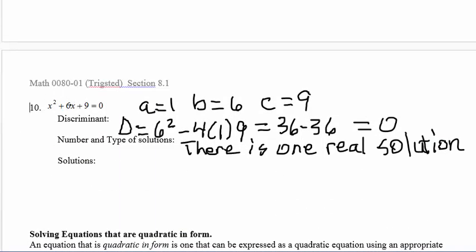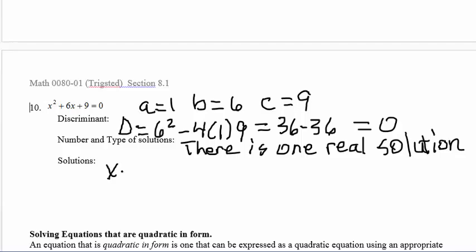If you were to factor x squared plus 6x plus 9, you would get x plus 3 times x plus 3. So you get a repeated factor. When you set those two identical factors equal to 0, you get whatever your solution is twice.